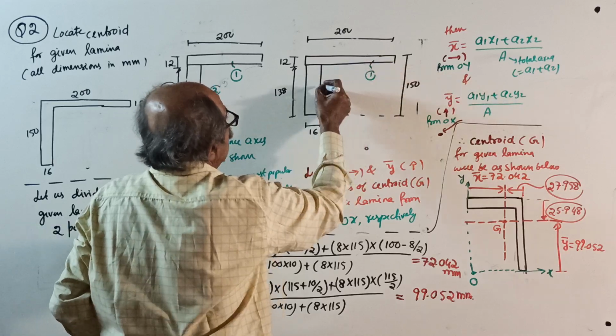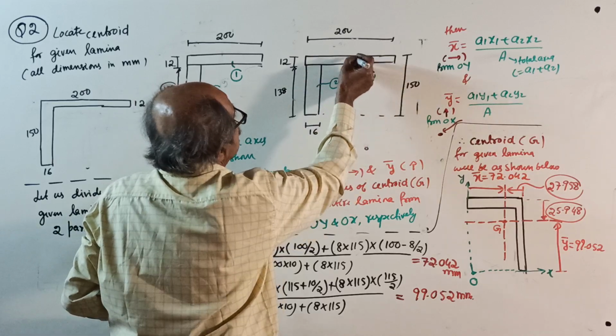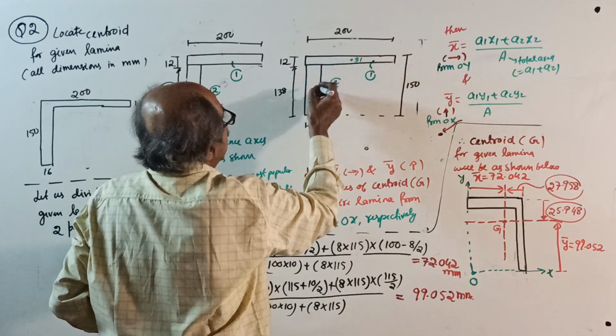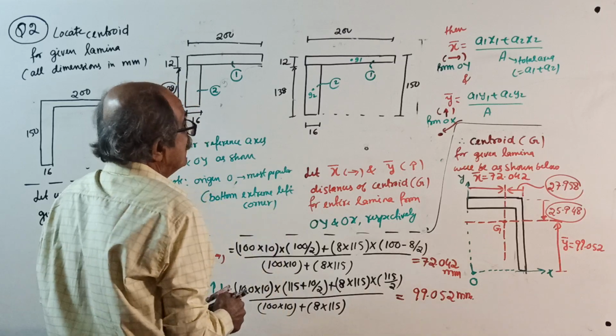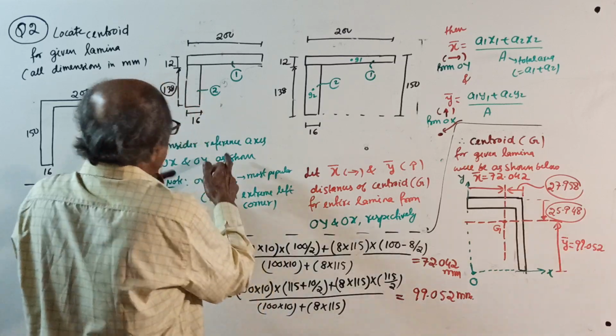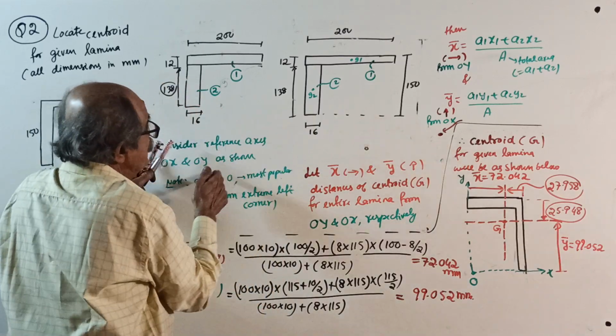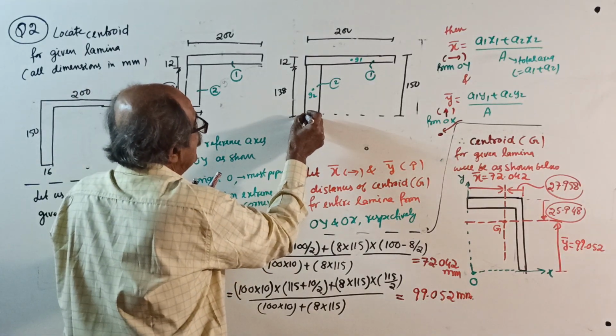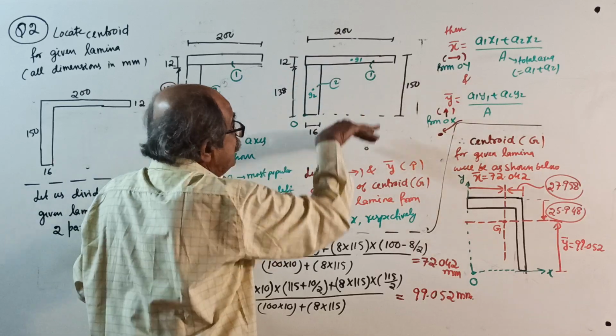Anyone you can take part 1, anyone you can take part 2. Centroid of part 1, centroid of part 2: G1, G2. Now, reference axis, once again. I will take origin here, bottom left corner.